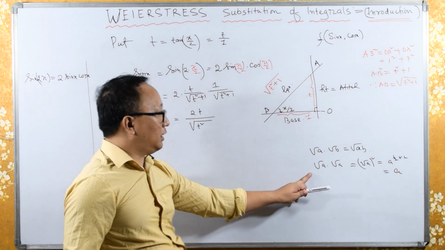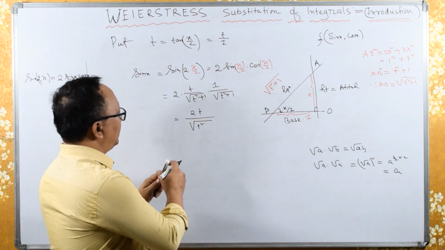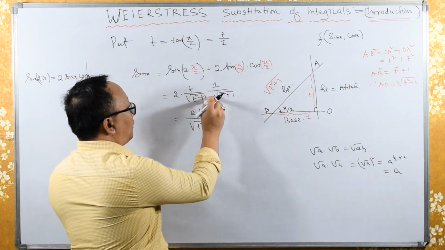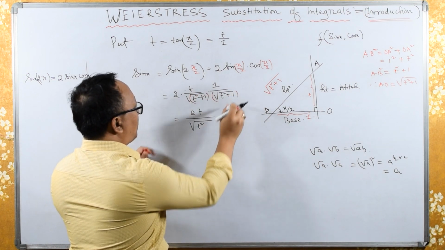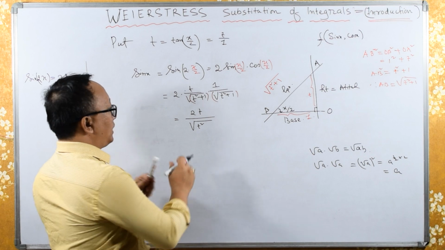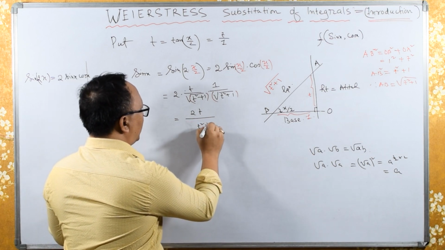Or otherwise, if the bases are the same, you can add the powers: since this is half and this is half, half plus half is 1. Therefore, we'll have only t square plus 1.